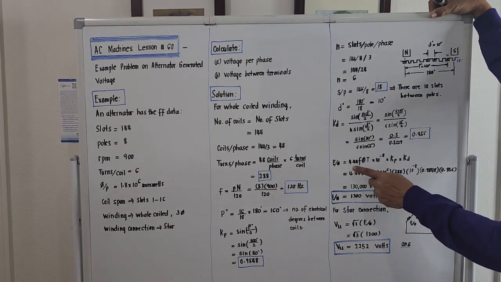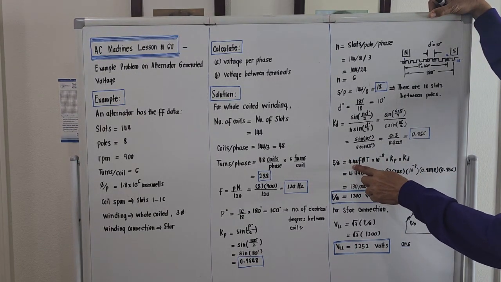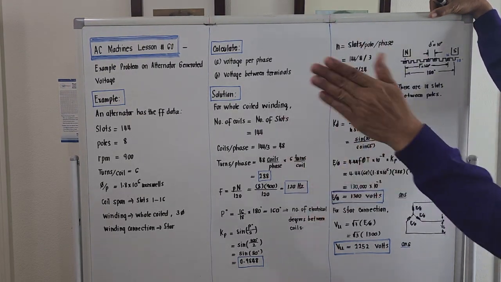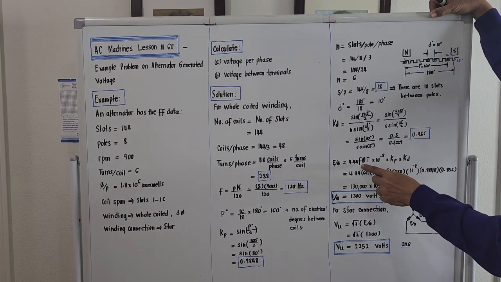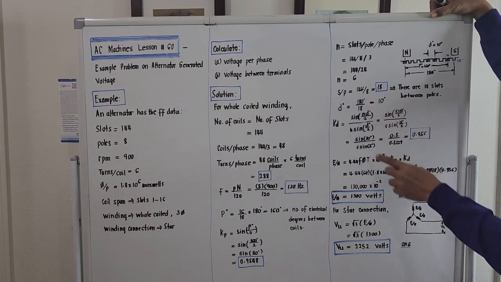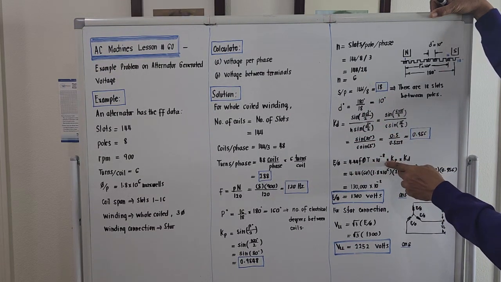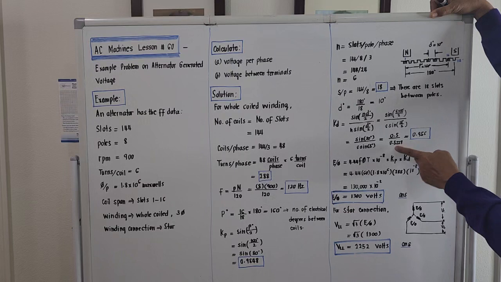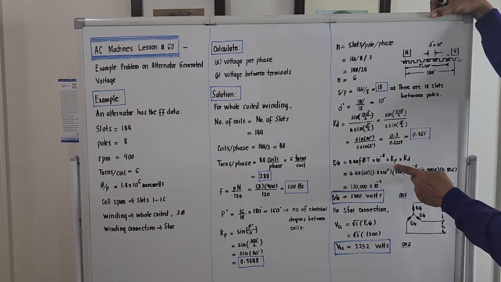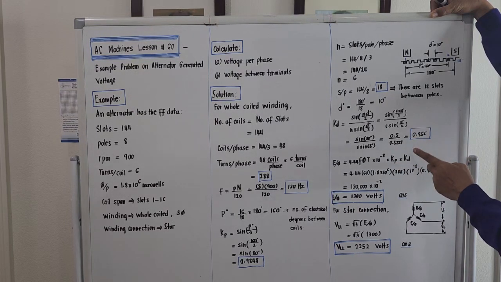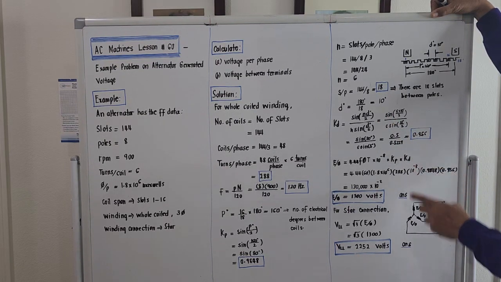It is given by the value 4.44, which we derived from the previous discussions, times the product of frequency, the flux per pole, times the total number of turns, times the factor 10 to the minus 8. It's just a conversion factor, right? Times the value capital K with the subscript P, meaning the pitch factor, times the value capital K with the subscript D, meaning the distribution factor.